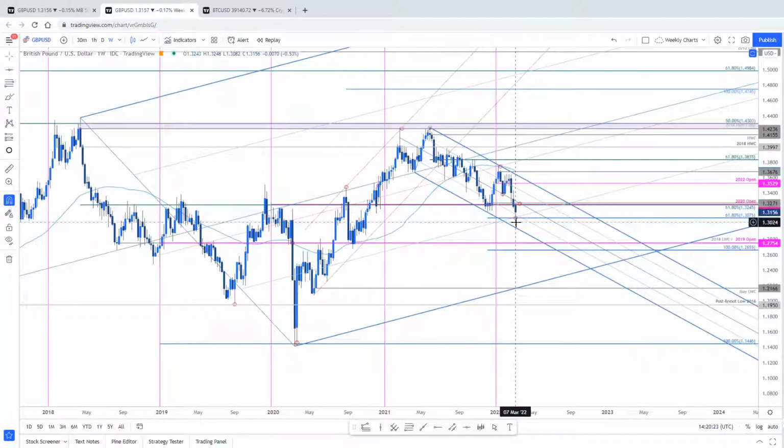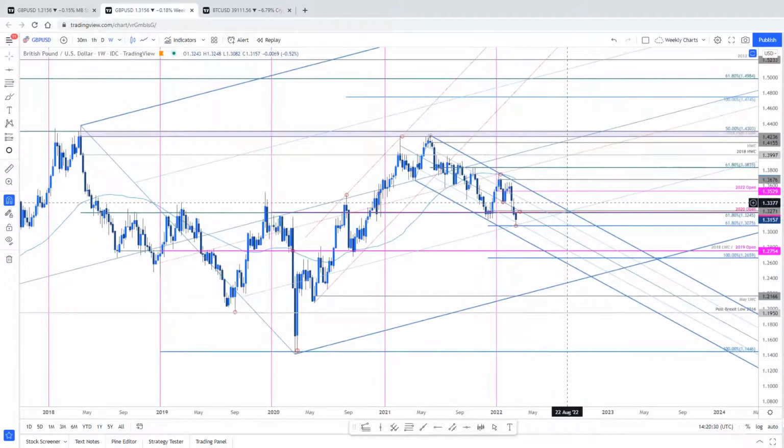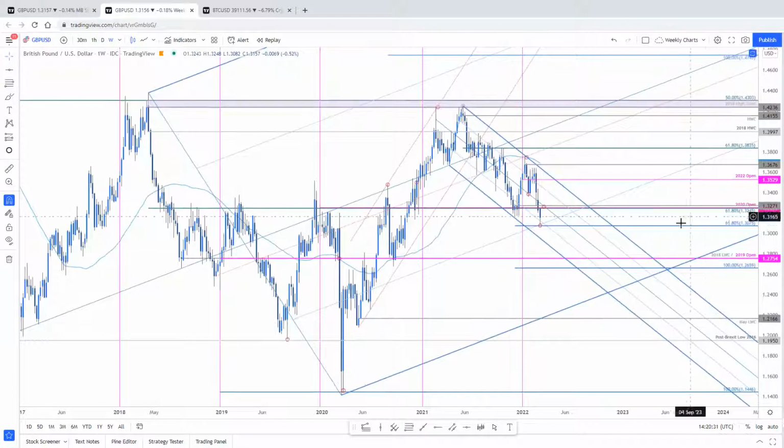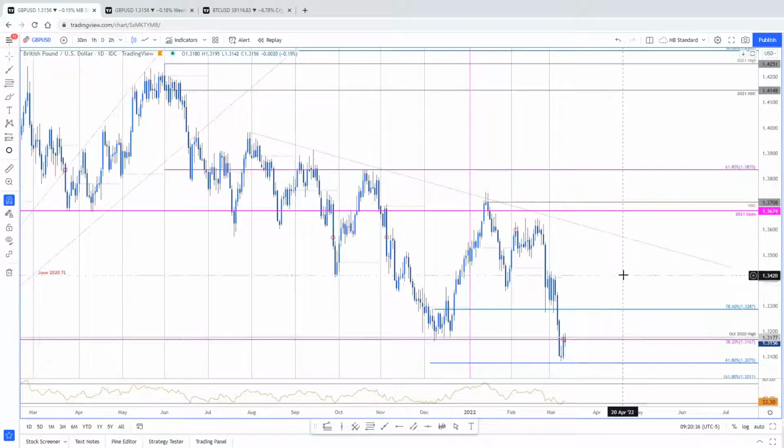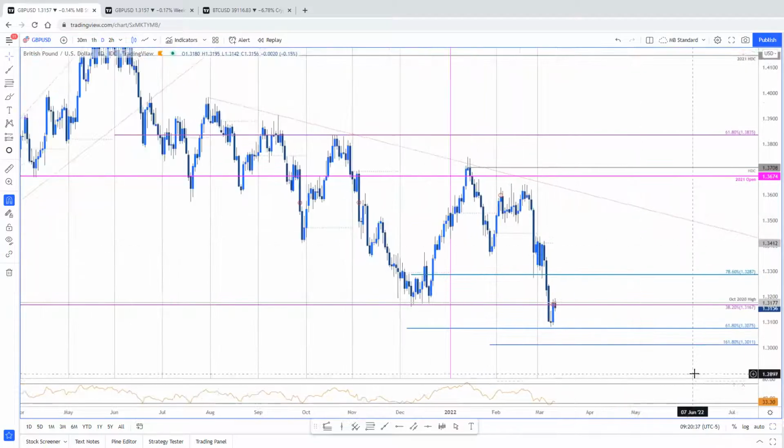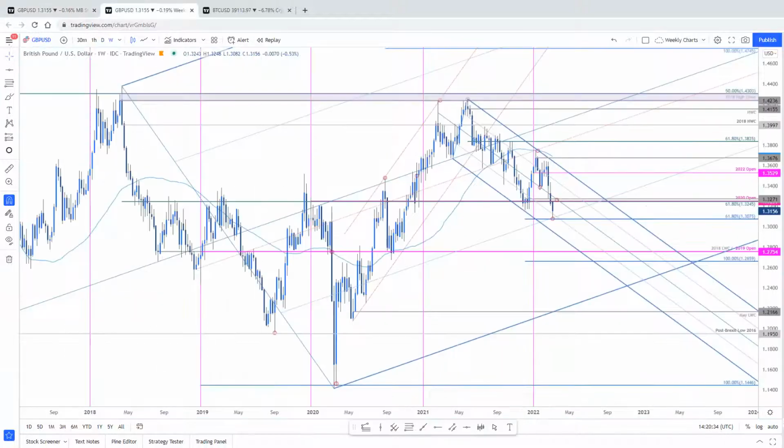You'd be looking for a move lower, but this is upslope support. So I'm looking for a reaction here in the sterling basically this week into next week. The daily chart, I don't really have anything worthy of note here that I would even show to you. But that's sterling for reference there on the weekly charts.